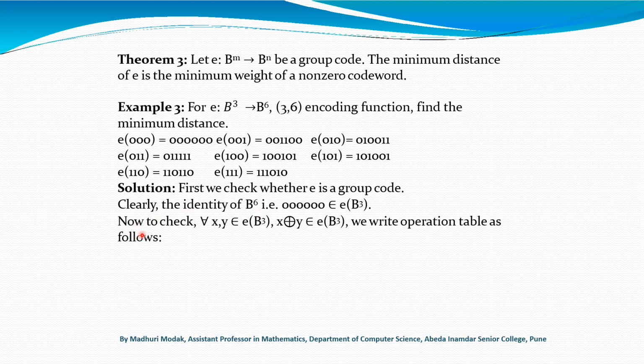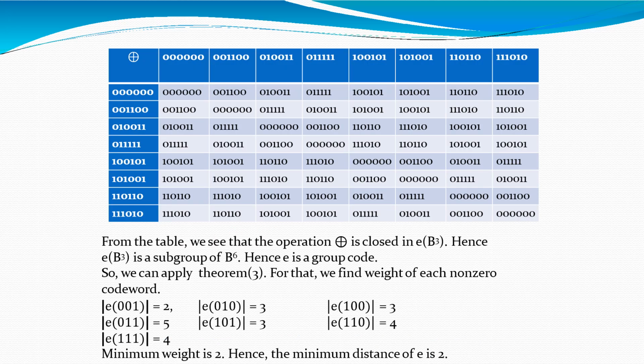Now to check that for x, y in E of B3, x ring sum y is in E of B3, we prepare the composition table for all the code words. As x ring sum y and y ring sum x are the same, once you write a row, you can immediately write the column diagonally. So from the second onwards, we write in this way. Then from the third, we write this row as well as this column. So this is the table that we are getting.